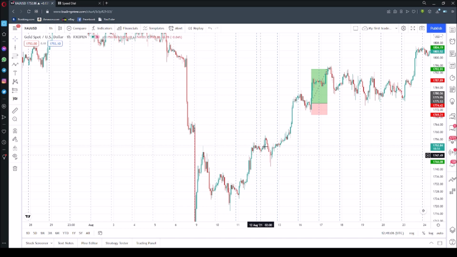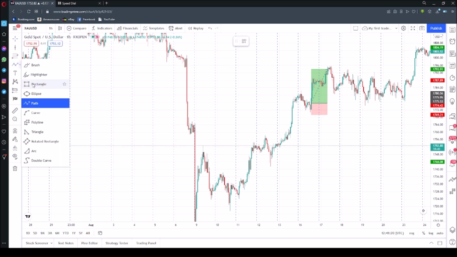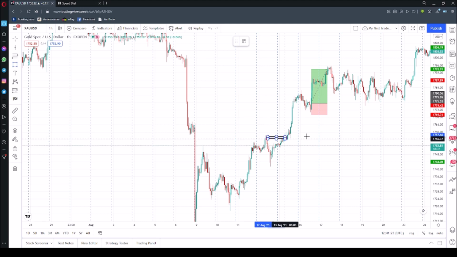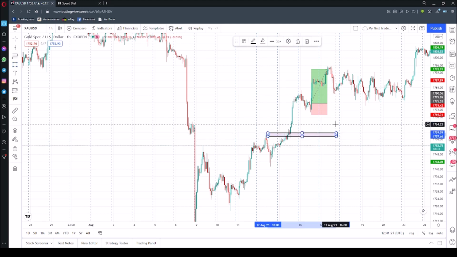Then after the break of that, the market pulled back, but we were not interested in taking this trade. So normally we were going to wait for the market to actually retest this zone, right? This is what we were waiting for.